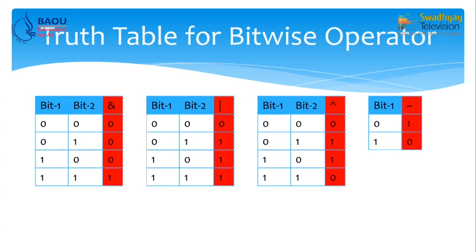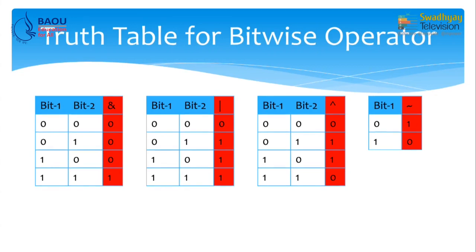Similarly, we have 1 and 0, so it again returns 1, because the first bit is set to 1, and in the last case we have 1 and 1, so again it returns 1. So, in case of bitwise OR, we always get 1 if one of the bits is set to 1, and we only get 0 if both bits are set to 0.